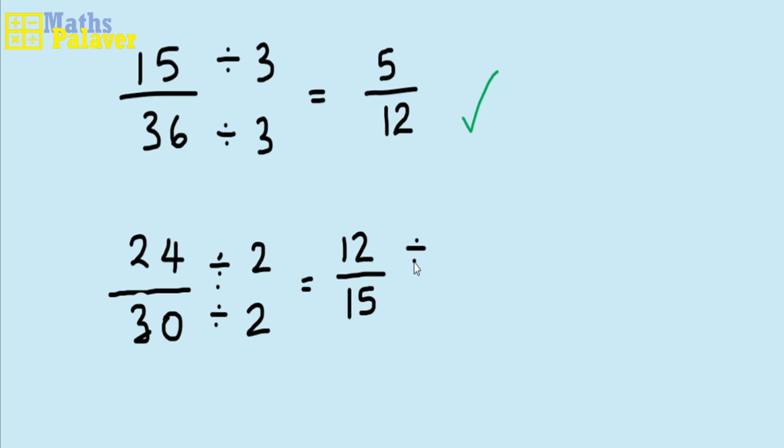So go ahead and divide the top and the bottom number by 3. That gives me 4 over 5. Is there a common factor of 4 and 5? No, there isn't. So, my job is done.